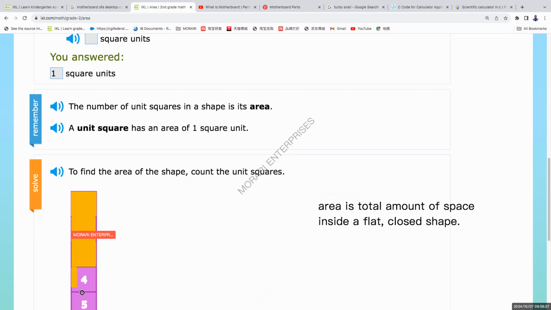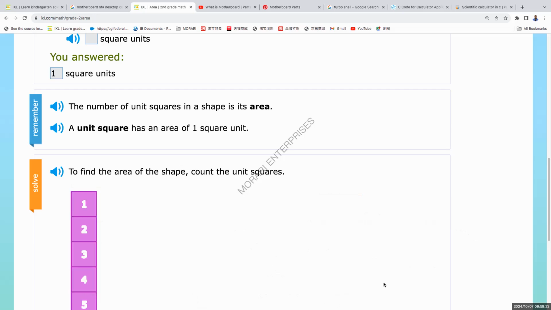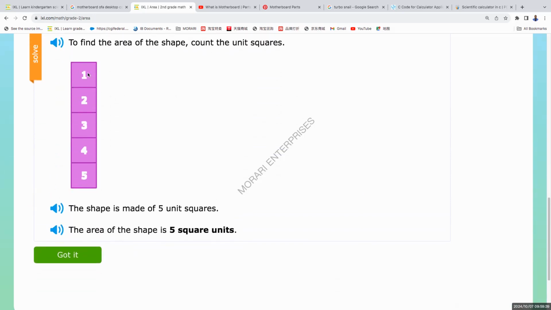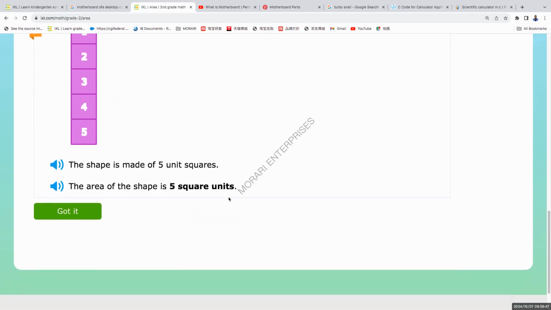That is why in area, the answer will be in square units. They'll ask you how many unit squares. Unit just means one thing. 1, 2, 3, 4, 5, so 5 unit squares or 5 square units. So that's what we want to see.